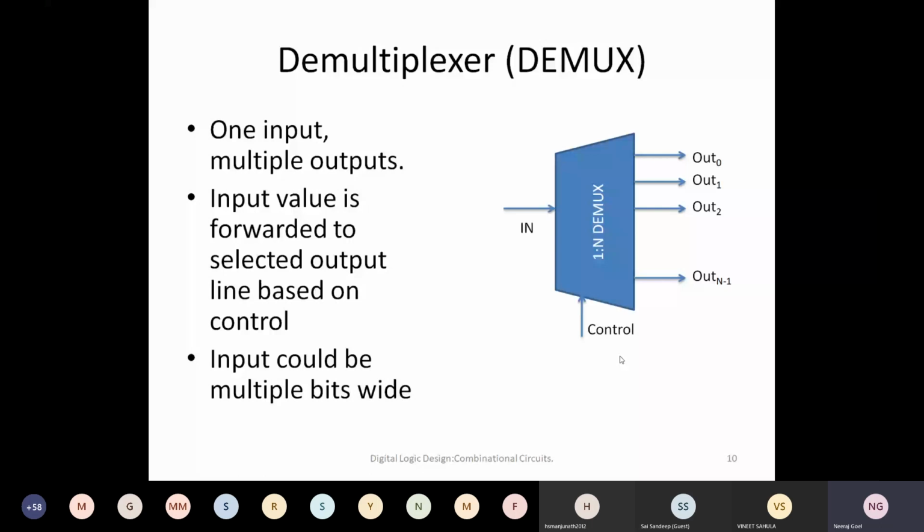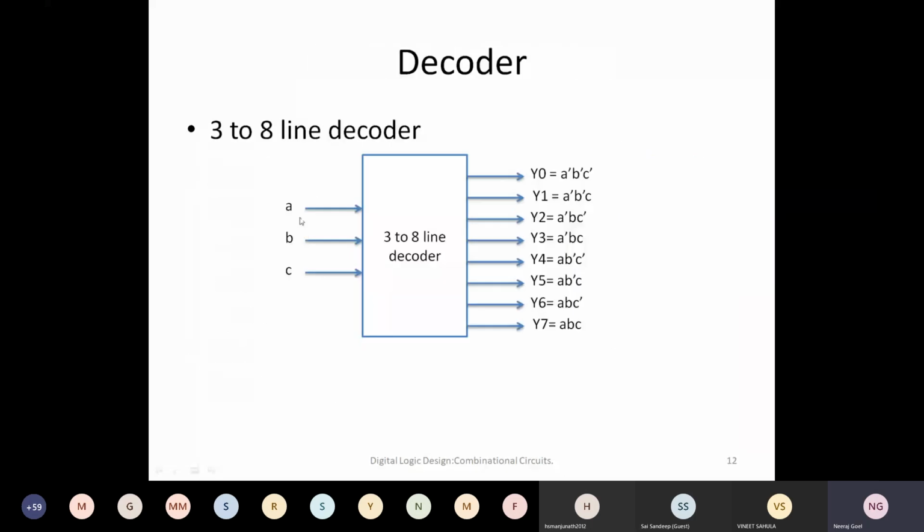That means if the input is always 1 and I'm sending a 3-bit control, then only one of the outputs would become 1. So let's look at this decoder again. Let's say there is a 3-bit control or 3 inputs. So if the input is 0, 0, 0, then my y0 would become 1.